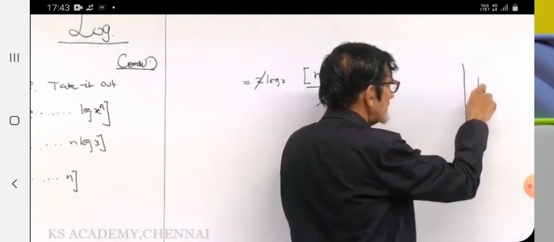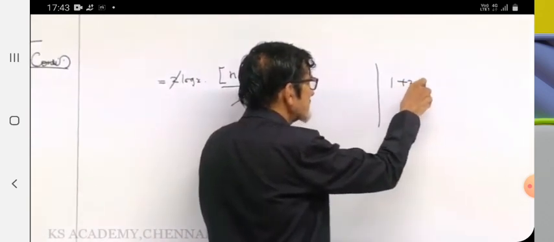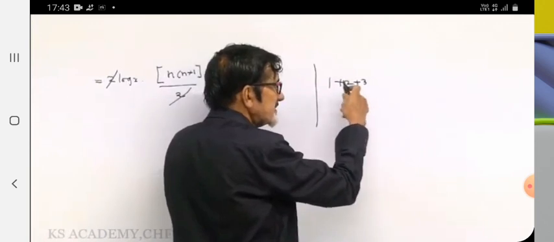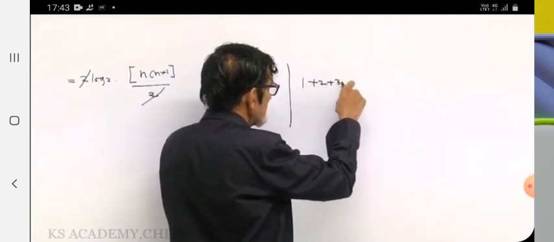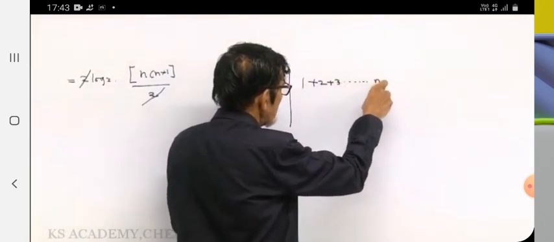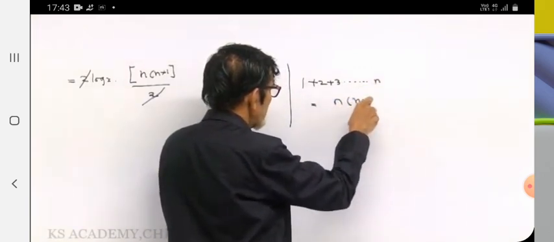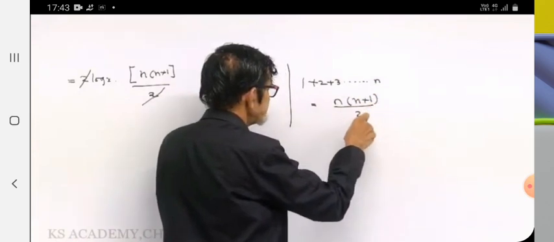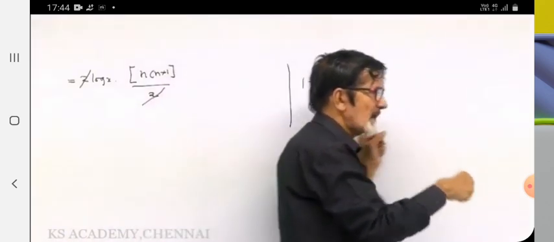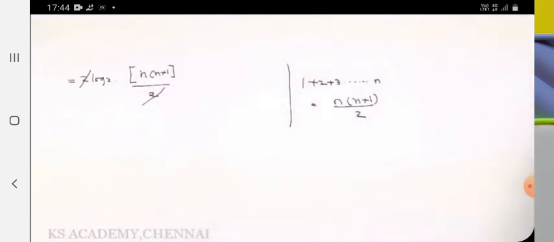I will teach natural series, arithmetic progression chapter. Until then you accept the answer. 1 plus 2 plus 3 up to n, what is the answer? n, next number n plus 1, by 2. This is a formula: sum of the first n natural numbers.